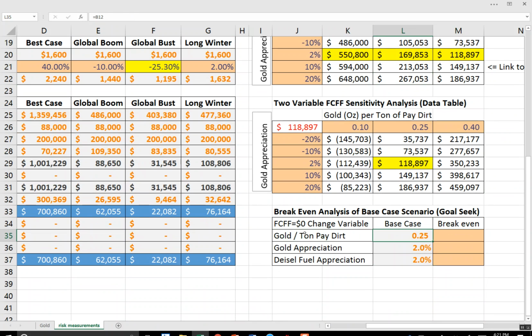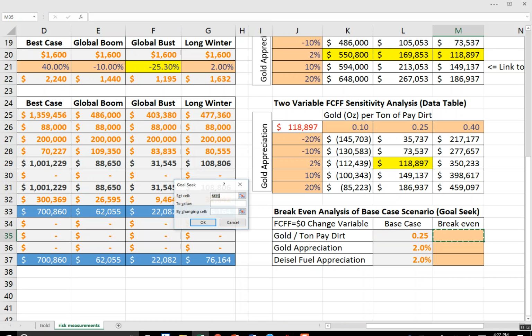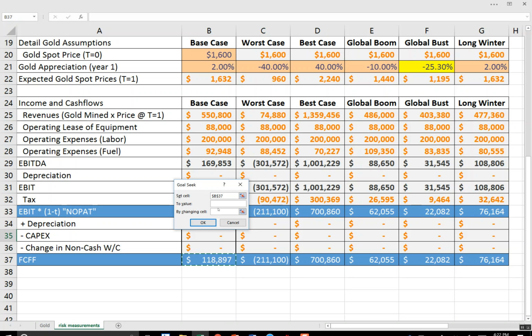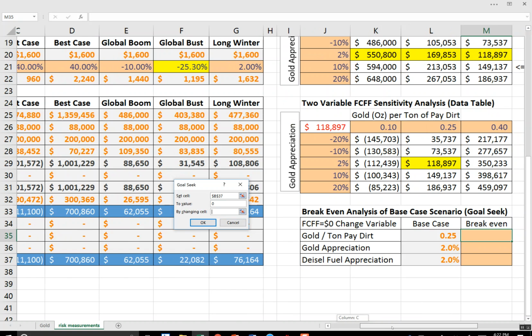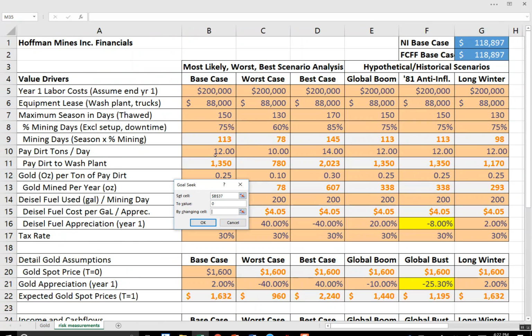What amount of gold will ensure that I have zero free cash flows? Like, what's that critical value of the gold content? So I can do a data, what if, goal seek. I'm going to set free cash flows to 0 by changing the gold content.